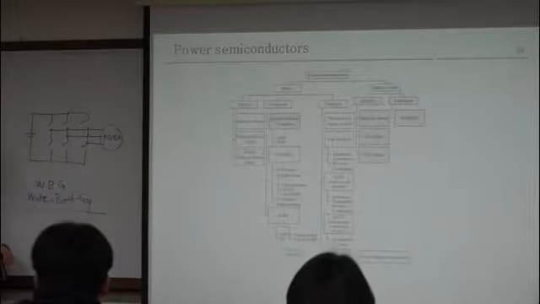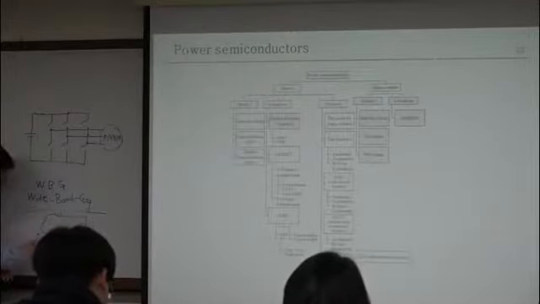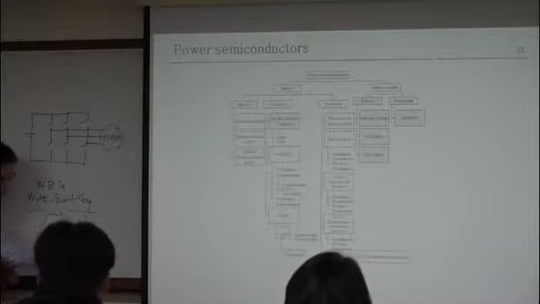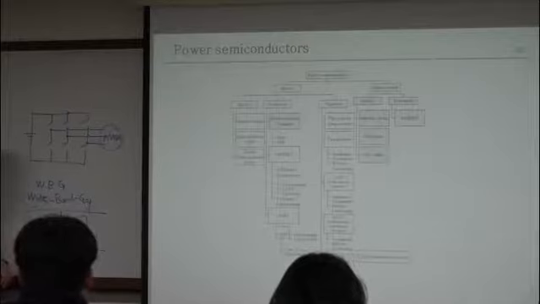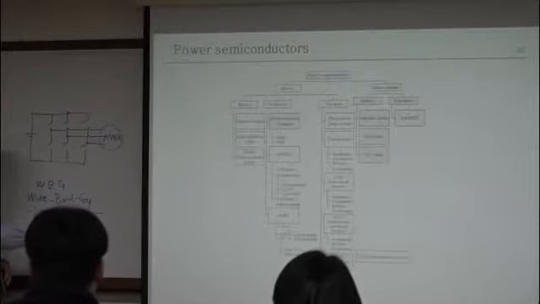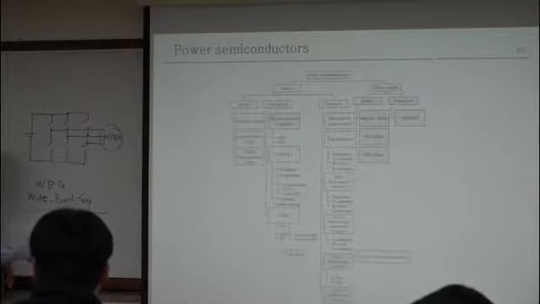And in fact, we may have a chance to introduce wide band gap power semiconductor later. Among them, we use silicon carbide and also gallium nitride. And they are commercialized, although their price is pretty high compared to the silicon-based device.